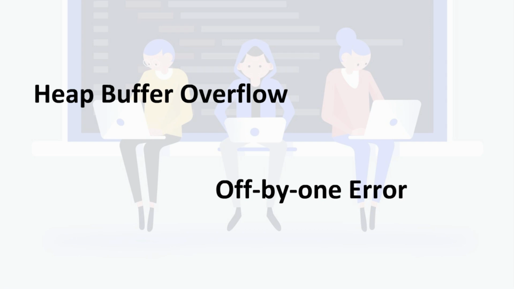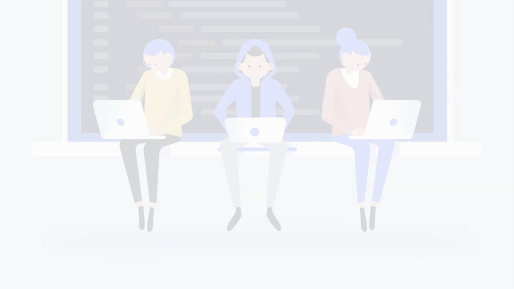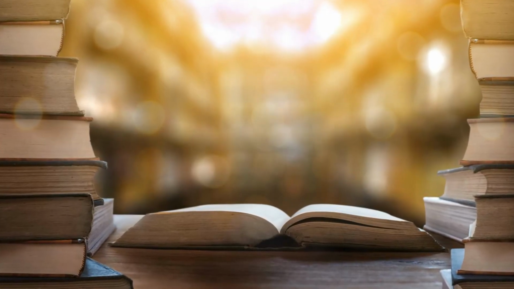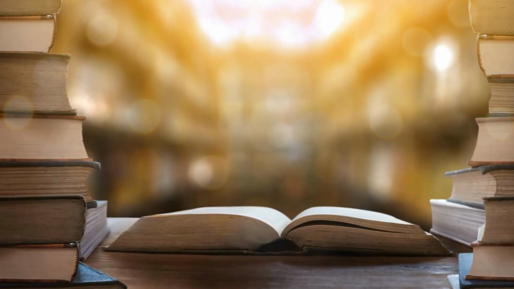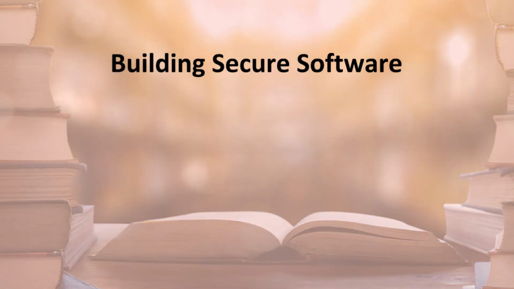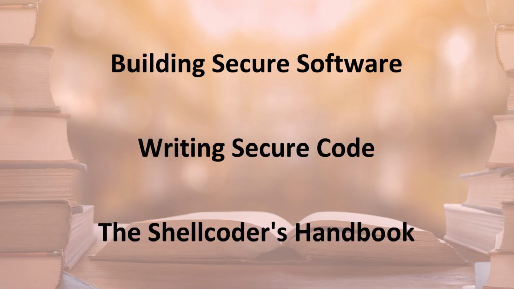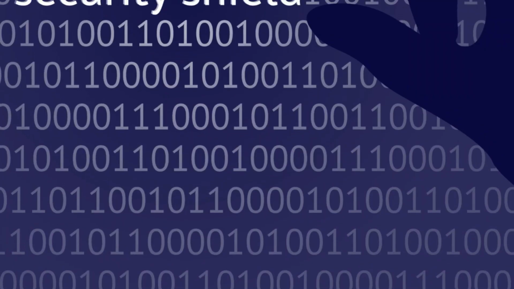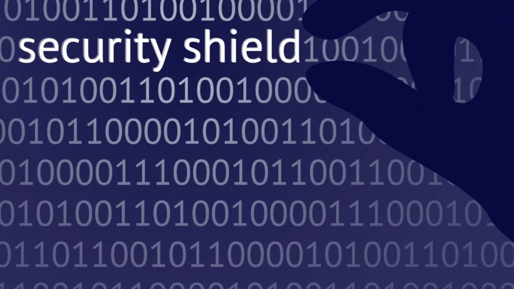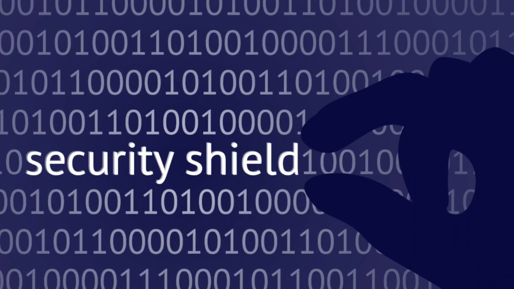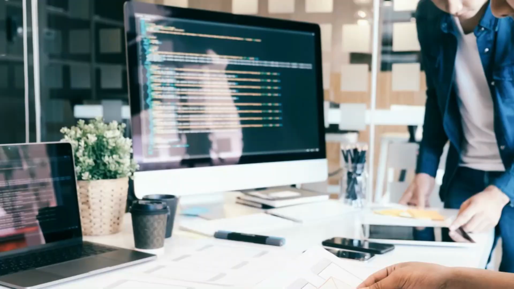Another very similar class of flaws is known as format string attack. There are a number of excellent books that provide detailed information on how buffer overflow attacks work, including Building Secure Software, Writing Secure Code, and The Shellcoder's Handbook. At the code level, buffer overflow vulnerabilities usually involve the violation of a programmer's assumptions.